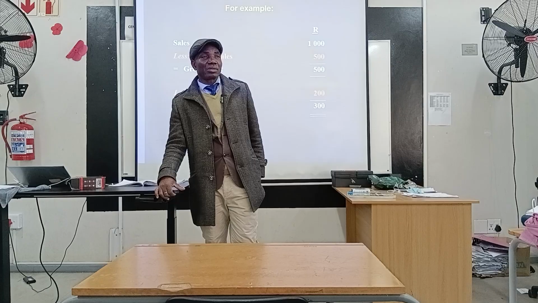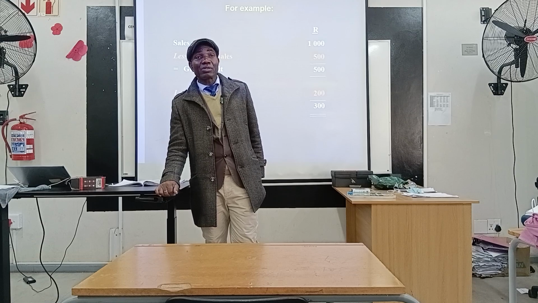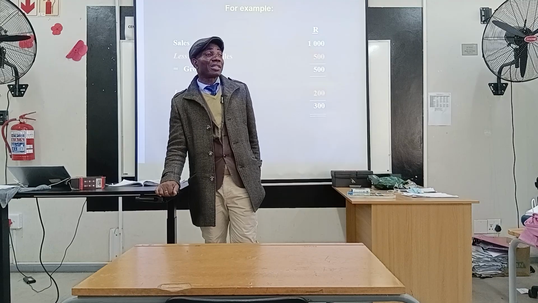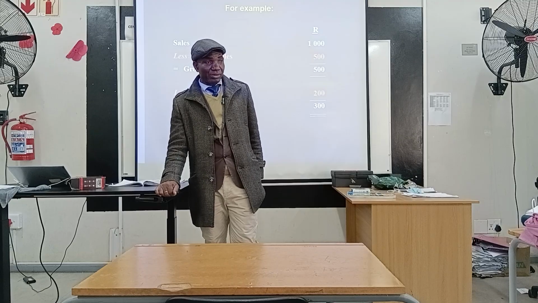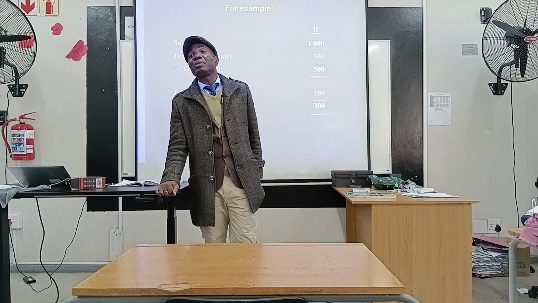Your sales, your income, your turnover, your revenue, is 500 times your selling price. Your selling price is 10 rand, so you're going to generate 5,000. Is it clear? Are you with me?